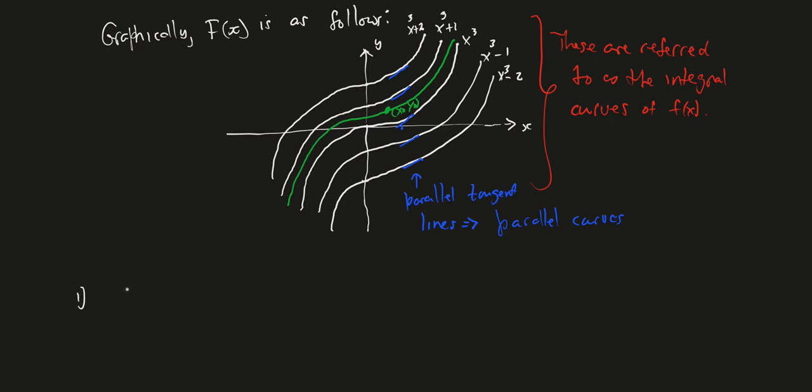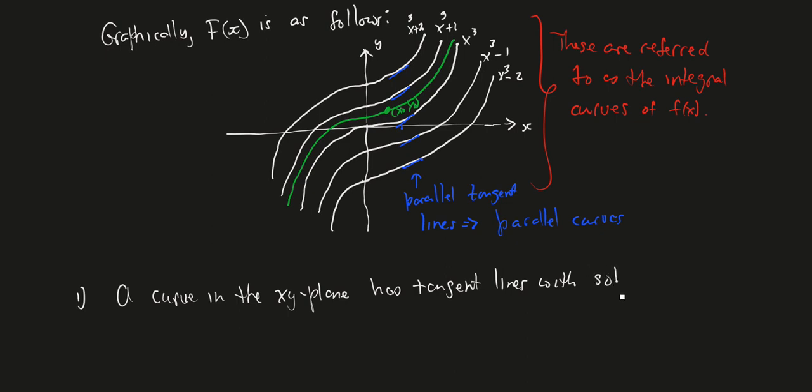A curve in the xy plane has tangent lines with slope x squared minus x plus 2.